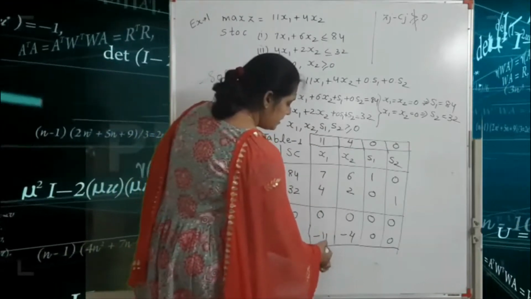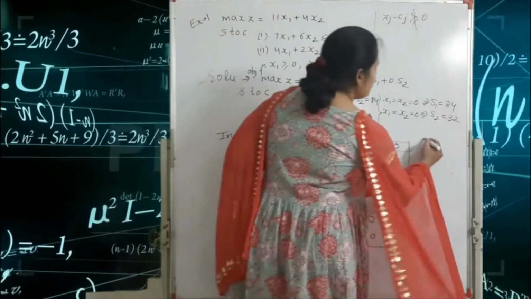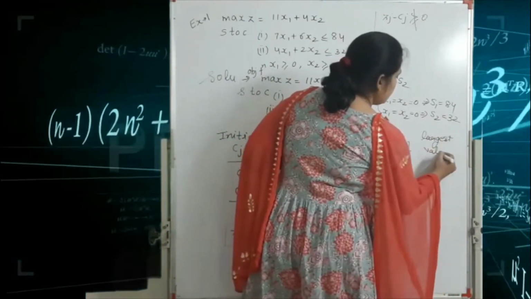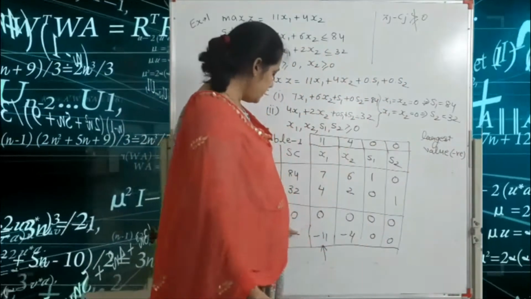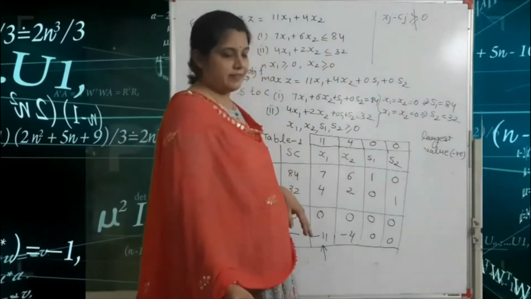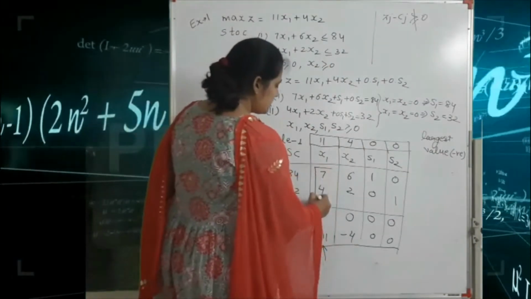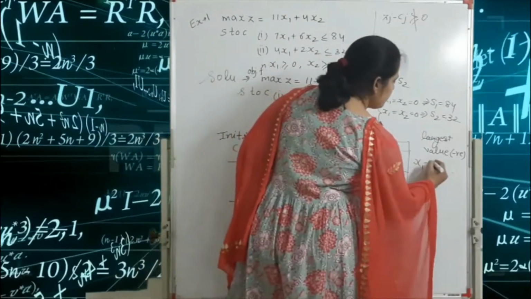That means the largest value with a negative sign. So -11, that means this variable enters. This is the key column. That means x1 enters.